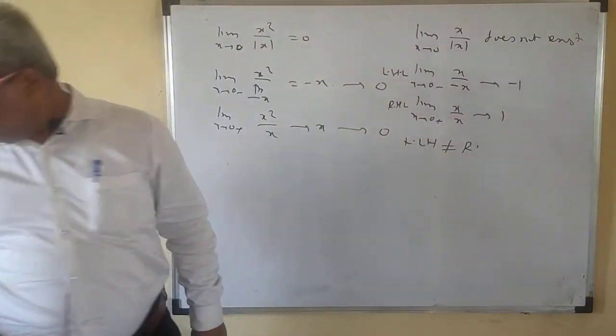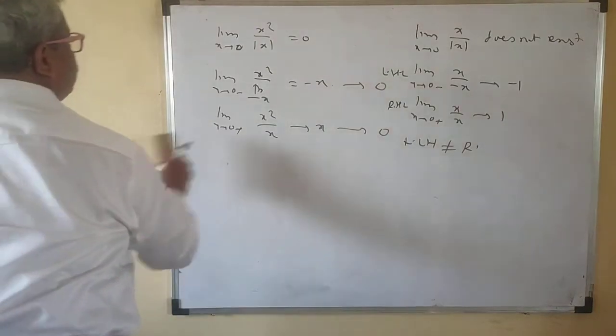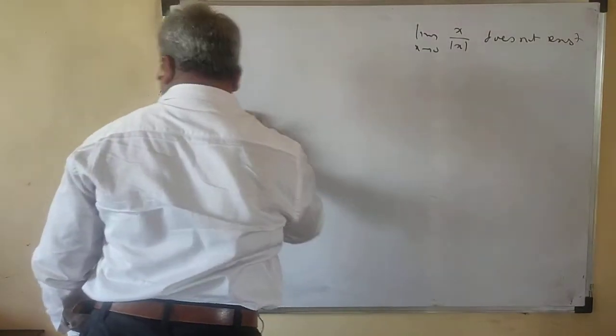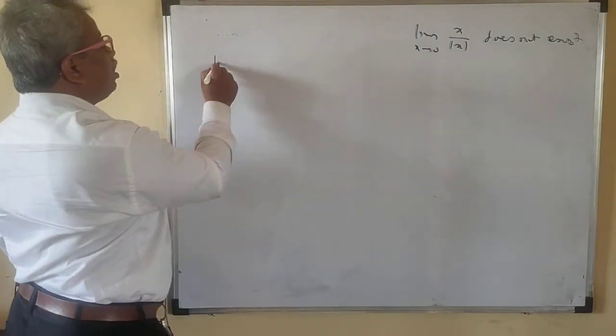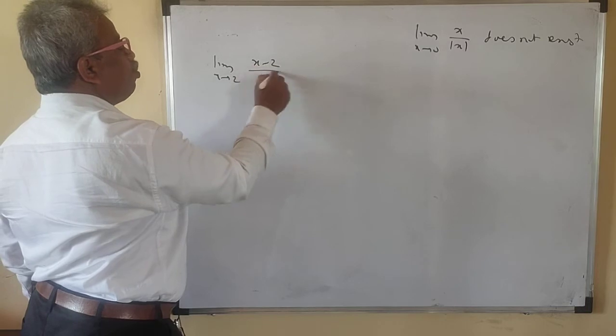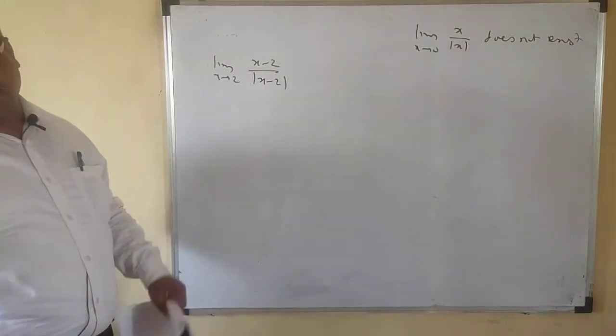So you have to take care of mod x, especially when x tends to 0. Similarly, consider the limit as x tends to 2 of (x minus 2) upon mod of (x minus 2). This is a 0 by 0 form.